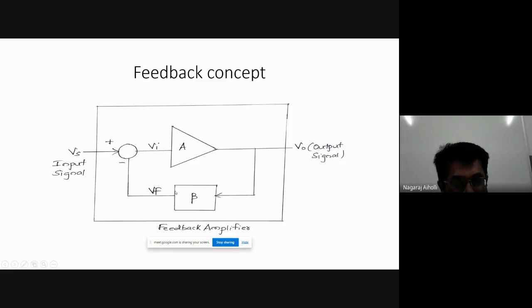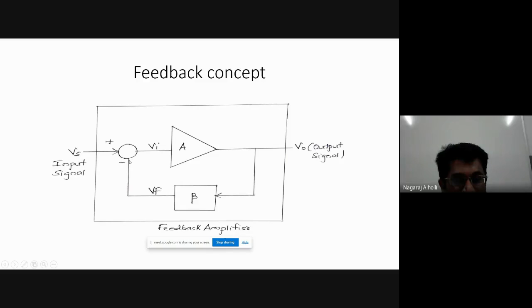Now, if the feedback signal from the feedback circuit, Vf, is in phase opposition with the input signal, then it is called an amplifier circuit. If the feedback signal Vf is in phase with the signal Vs, then it is called the oscillator circuit.